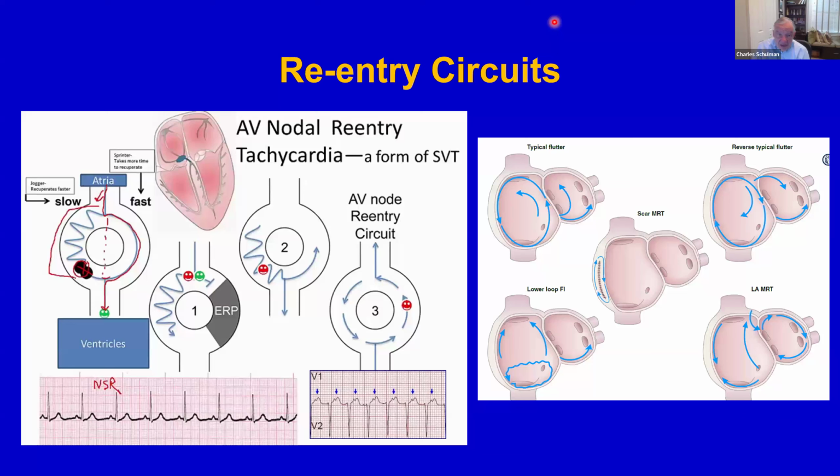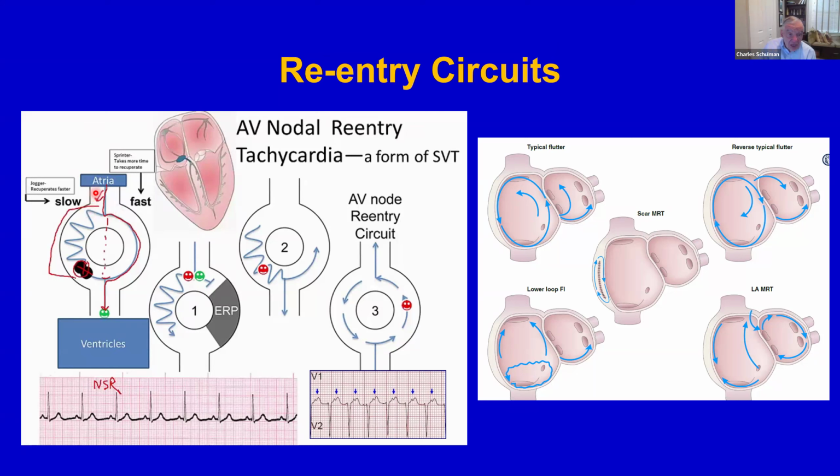Now, I want to introduce the concept of reentry circuits, which is the pathogenesis of AV nodal reentrant tachycardia. So in the AV node, there are two pathways. There's a slow pathway and a fast pathway.